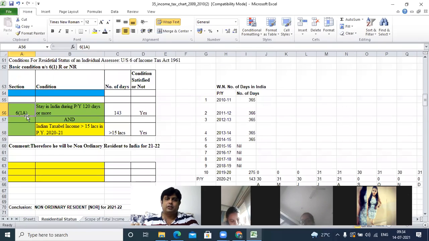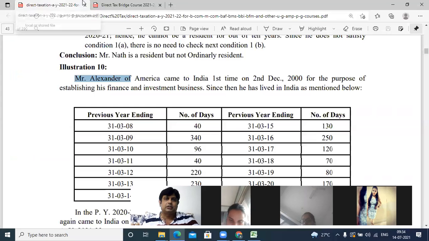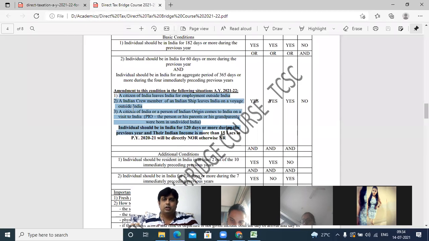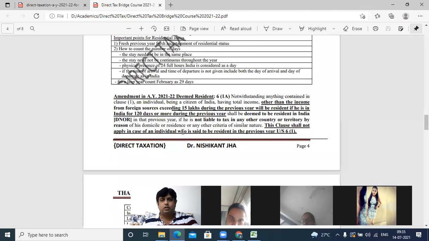Again and again, I'm telling you, 6(1)(a) will be applicable only for two things. One, either you are going abroad, or you have not paid tax anywhere across world. Several times I have stated, still you people have not understood.